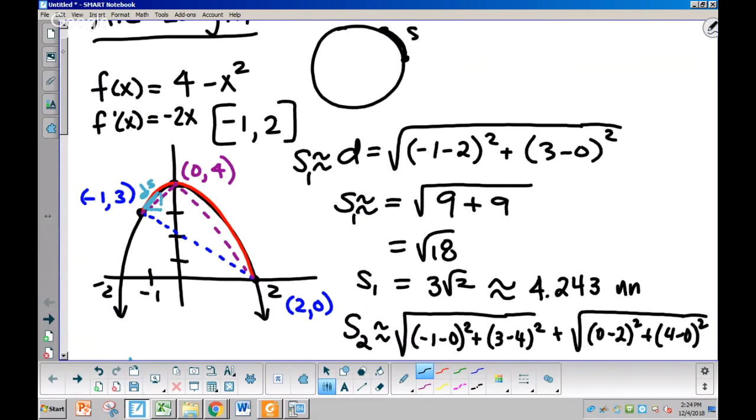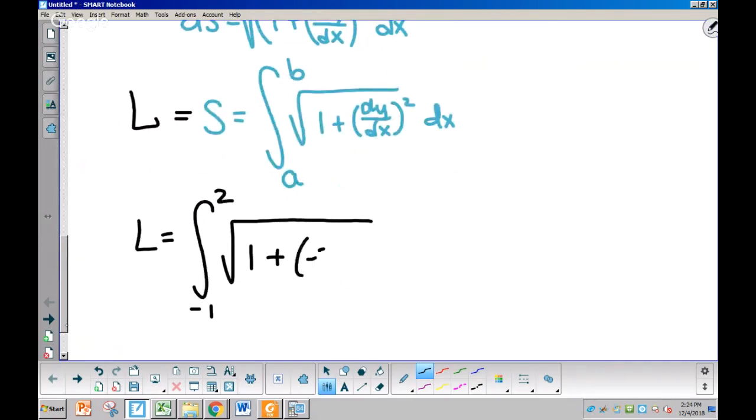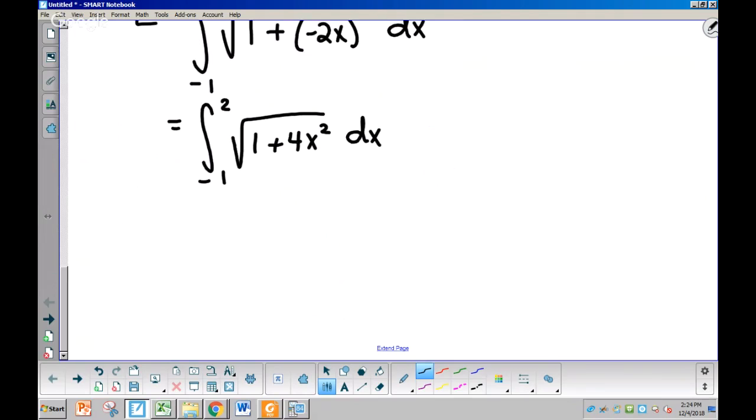Yes. So we're going to take that and put it right here and say -2x quantity squared dx. And this is equal to the integral from -1 to 2 of the square root of 1 plus 4x quantity squared dx. And you have to use a technique called trig substitution to integrate this, which is not in our curriculum. So we're just going to use a calculator to do it right now.